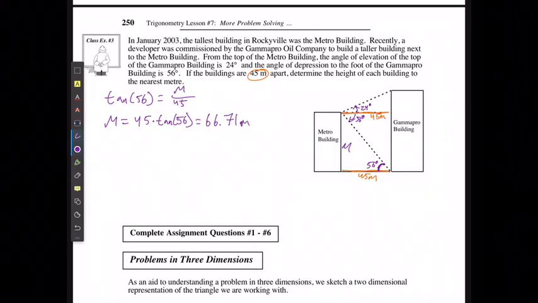Or I can say that the Metro building is 67 meters tall.